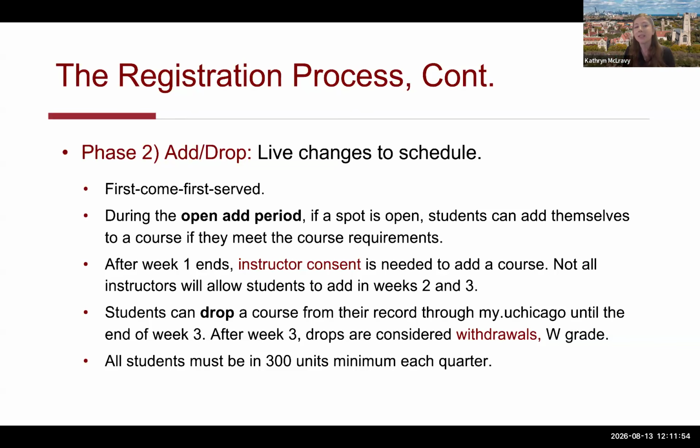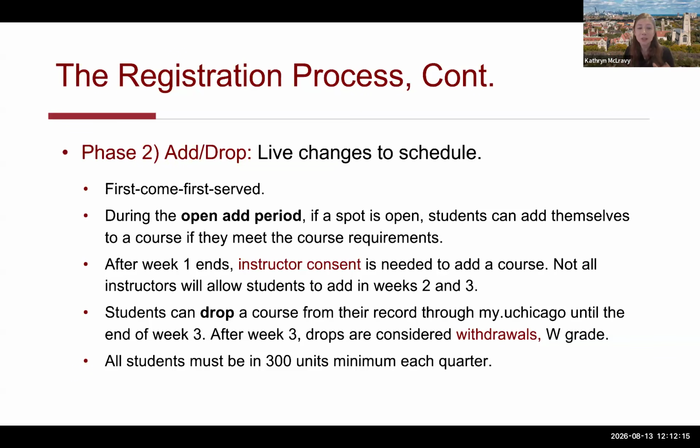After week one ends in the quarter, instructor consent is then needed to add a course later, like during week two or week three. Not every instructor will allow students to add in a class during week two, just in case too much material was covered.